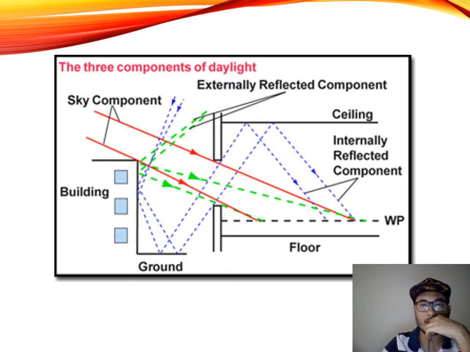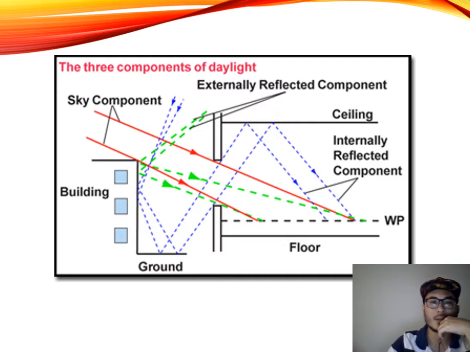Then number 2 is the external reflected component, shown in the green dotted lines here. It gives the example of light reflected from an external building and then entering the room through the window.